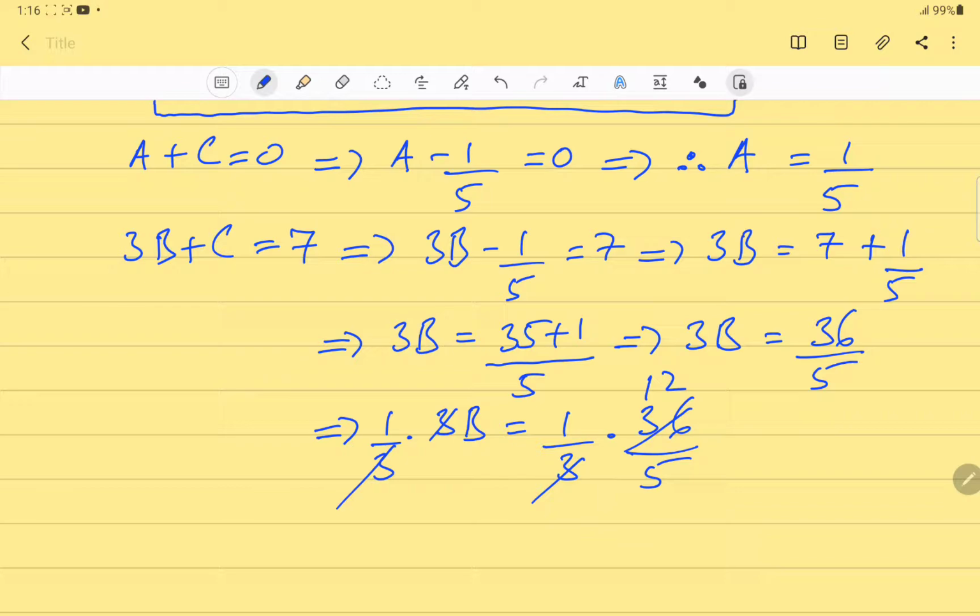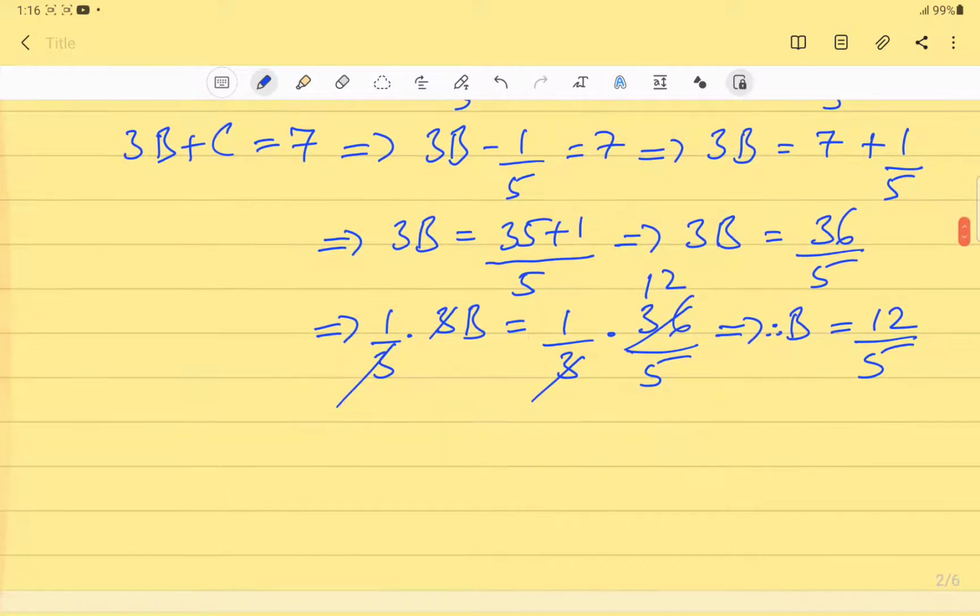So the value of b is equal to 12 over 5. Now we have got all the values of the three constants a, b and c.